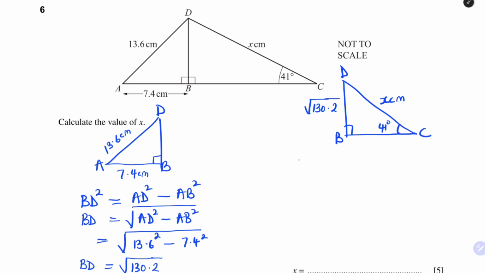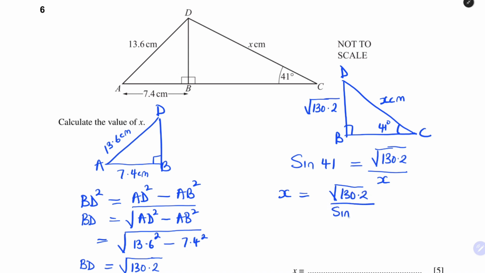So this is telling us that sine 41 is given by the opposite, which is the square root of 130.2, over the hypotenuse, which is x. So our x will be the square root of 130.2 divided by sine 41.